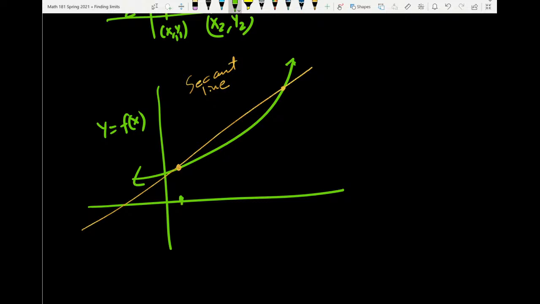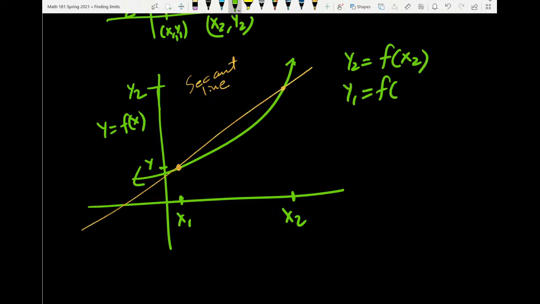Let's call these x1, y1, x2, y2. It's pretty simple to find that. You could also write y2 as f of x2, and y1 as f of x1.